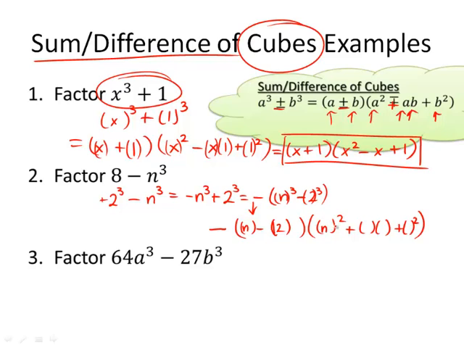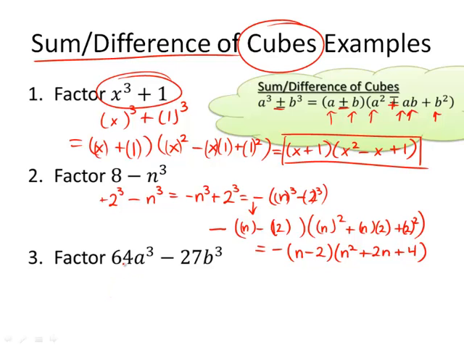A is n, a is n, b is 2, b is 2. So you're just inputting the formula that we've created in the past. And that's negative n minus 2 times n squared plus 2n plus 4.